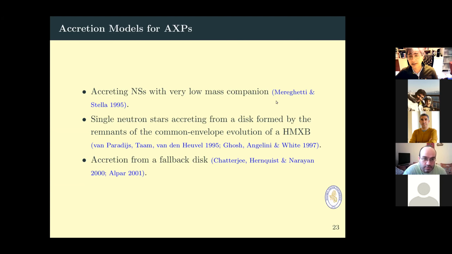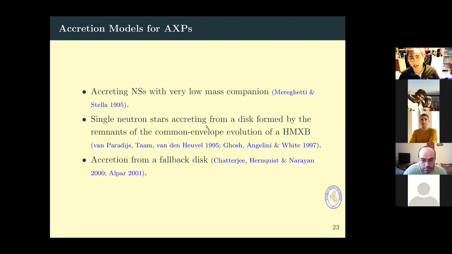Accreting neutron stars with a very low mass companion were proposed, so that they could not see the modulation due to the Doppler shifts. This shows that these objects are isolated, but probably they thought there could be a binary companion which we cannot detect.